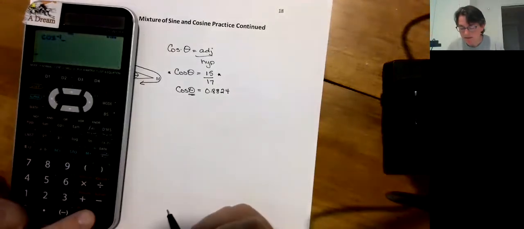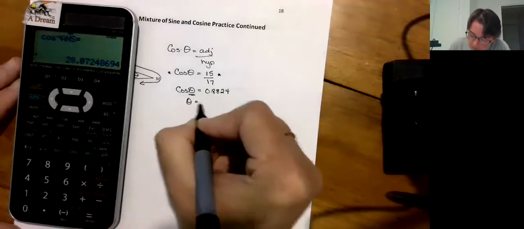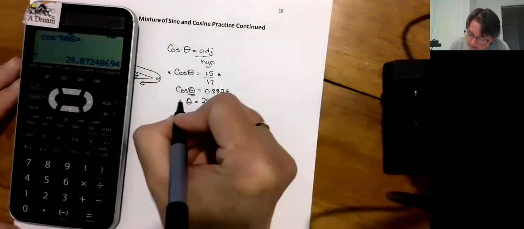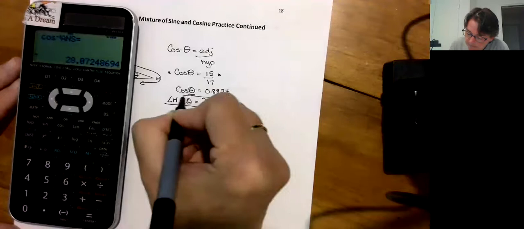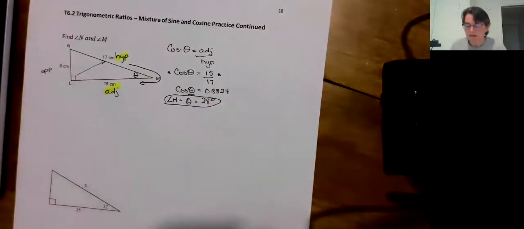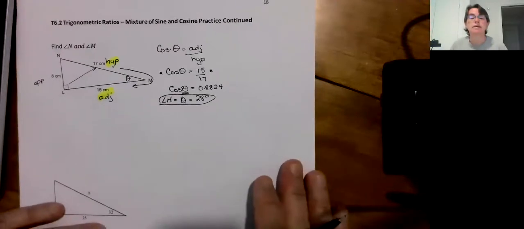My calculator just says hit the enter button and we're good. So theta is equal to 28 degrees. And this is also angle M. So, ta-da!